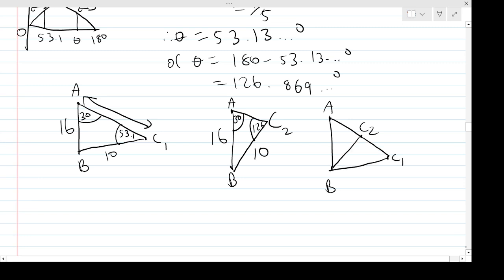So if we continue with the triangle, C1 will be there, right? So essentially, we've got two different triangles. So that's angle 126, and this is angle 53.1, right? So hopefully that visualizes to you exactly what the two different positions are. That's what it would look like, right?